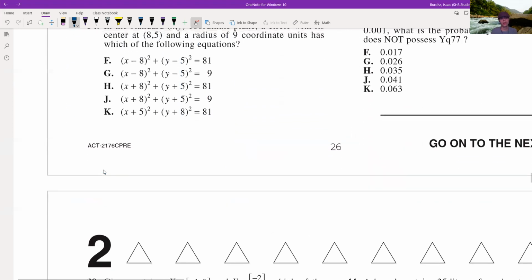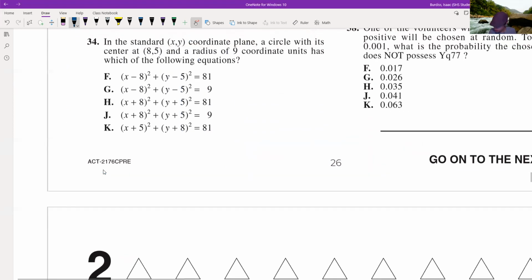Okay. All right. This circle has a center at that, and its radius is 9. All right. Well, just go ahead and get rid of G and J. So for an equation of a circle, the thing to the right side is always, well, not always, but in this standard form, it is always r squared.